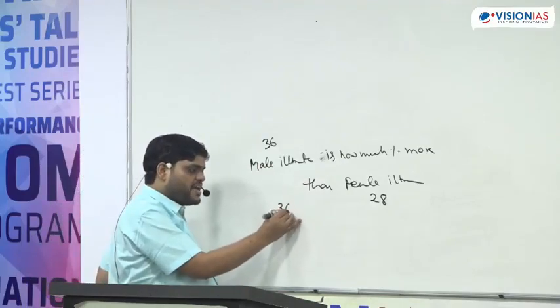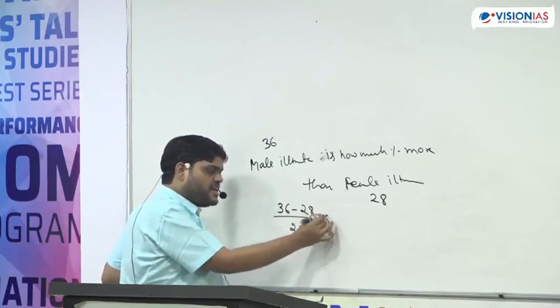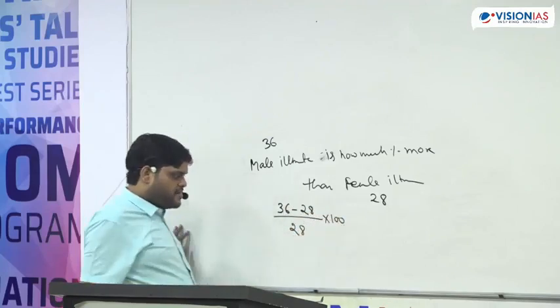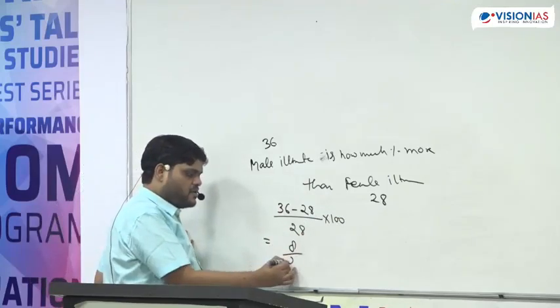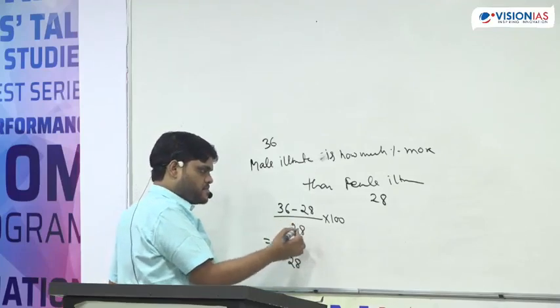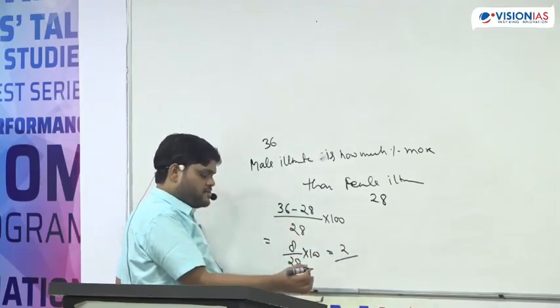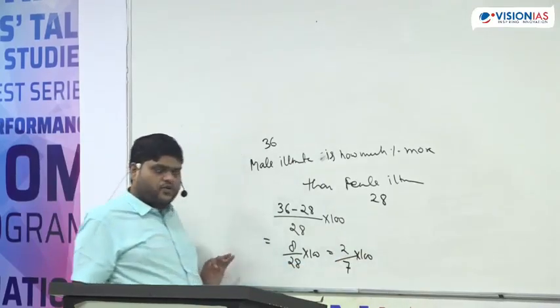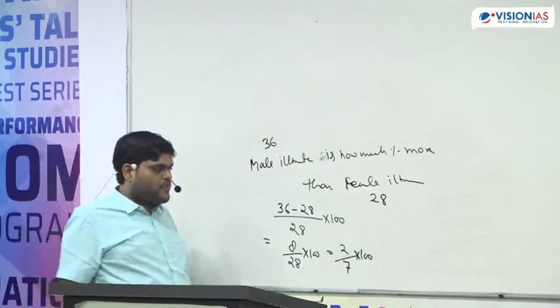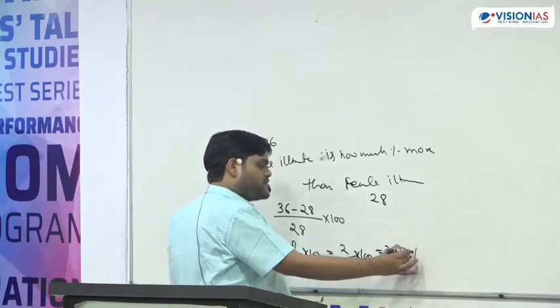So simply we can say (36 minus 28) upon 28 into 100. If we solve this, this will become 8 upon 28 into 100, which is 2 upon 7 into 100, and when you solve 2 upon 7 into 100, this will come as 28.56%.